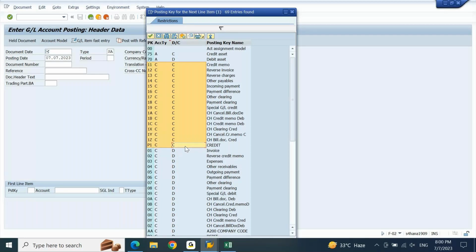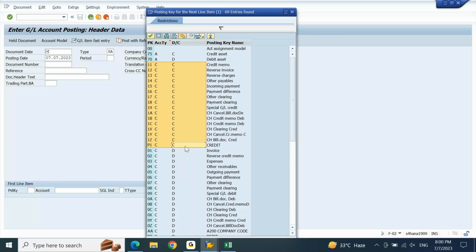Do we have a single credit or are there multiple credits? Multiple credits. If you look at the first digit of the customer credit, what is the first digit? It is 1. In short, the sequence is 11 to 19.